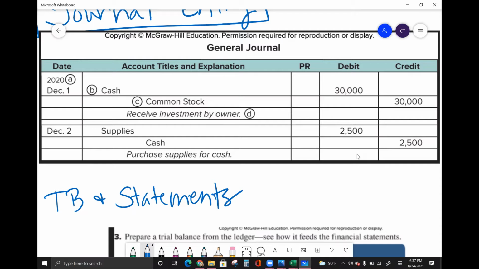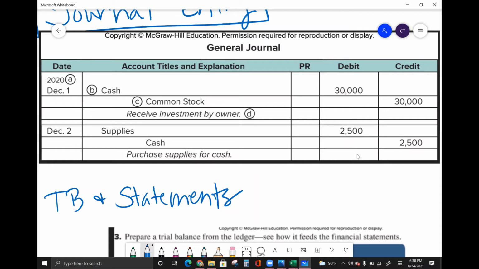The other side of that is you're trading that cash for common stock. So now I have a credit for common stock, and it's just the owner's claim on what they've invested into the business. So we have a credit for common stock for $30,000. That's if we receive money from an investor. On December 2nd, we buy supplies.